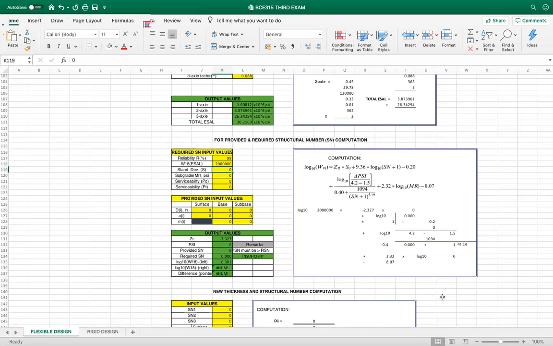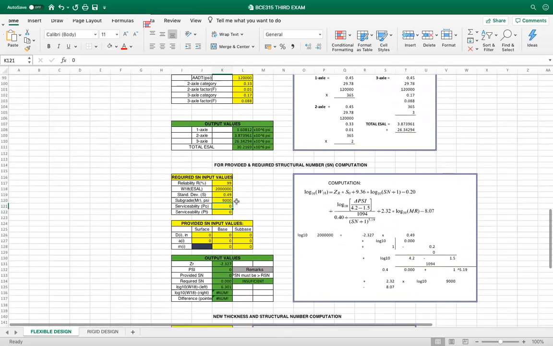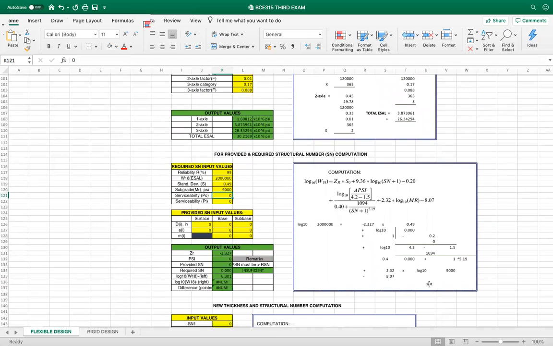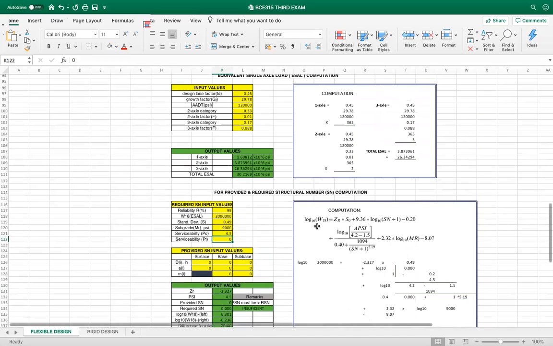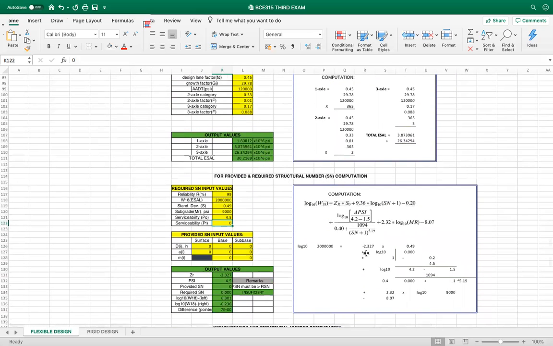Standard deviation S is 0.49. The subgrade MR in psi is 9,000. The serviceability PO is 4.5. Serviceability PT is 2.5.